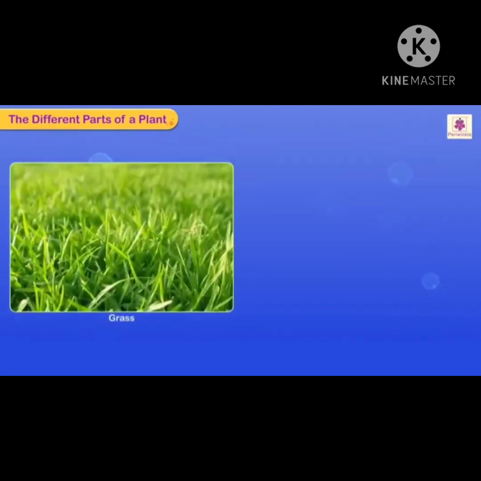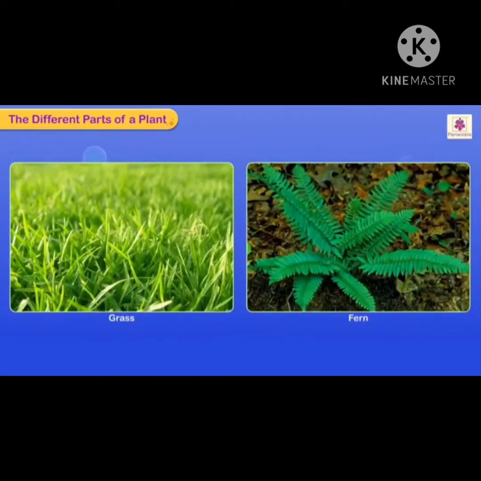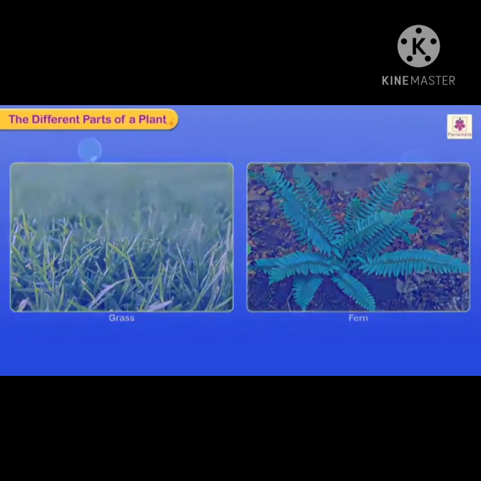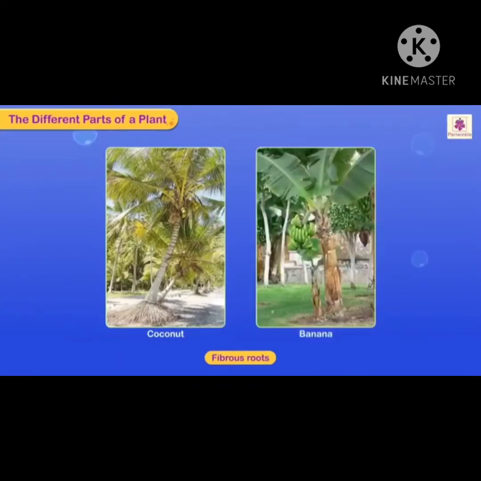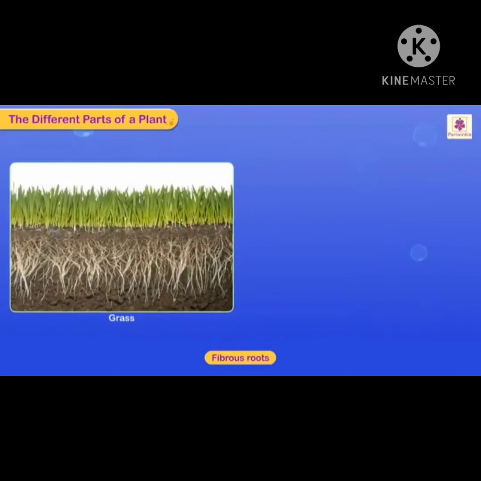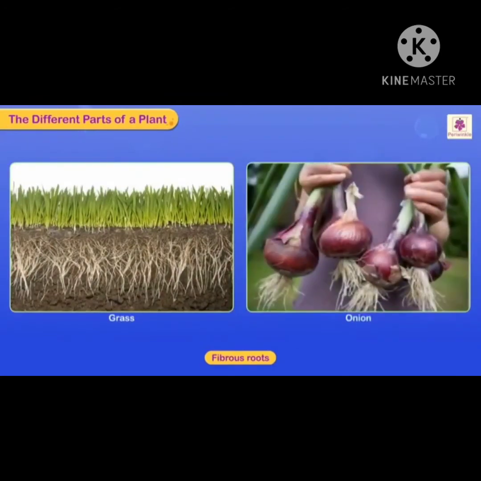Most of the grasses and ferns have fibrous roots. Coconut, banana, grass, onion have fibrous roots.